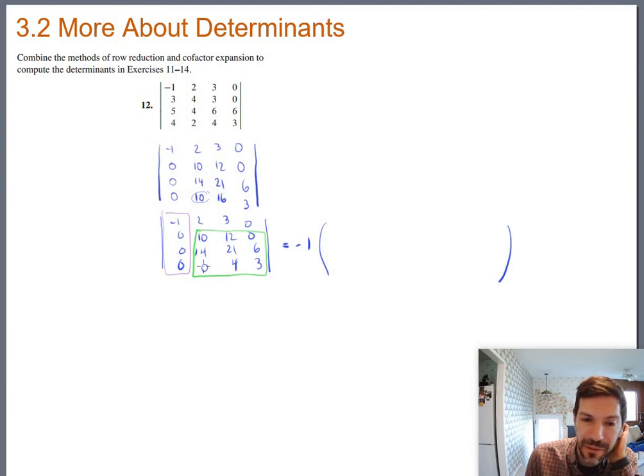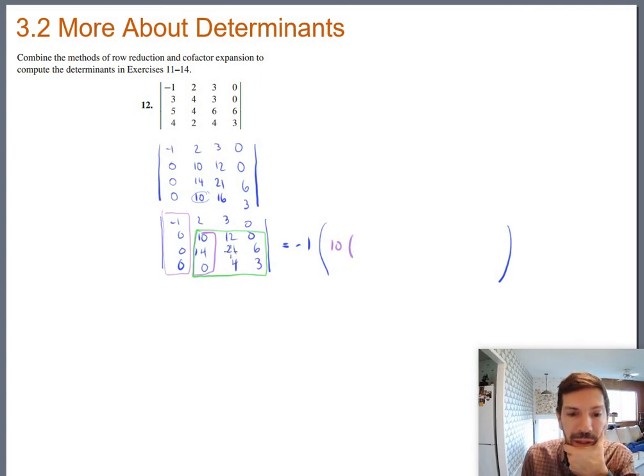I put a 0 in that first column, so I guess I'll go ahead and use that first column again. And say it would be 10. When you cross off first row and first column, it would be 10 times, oh boy, 21 times 3 is 63 minus 24.